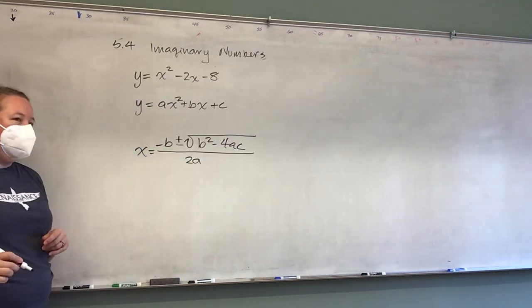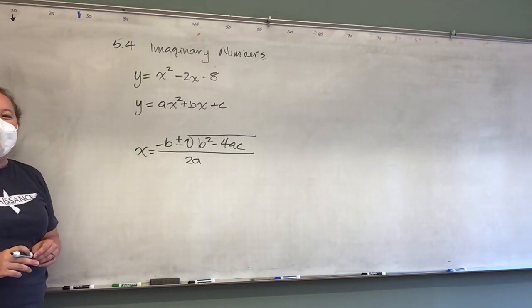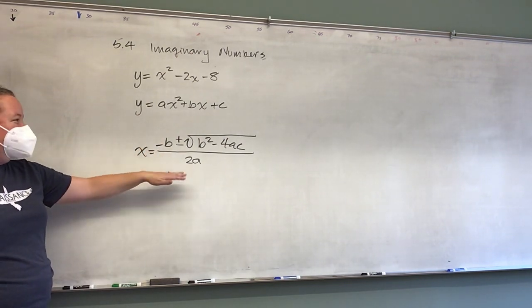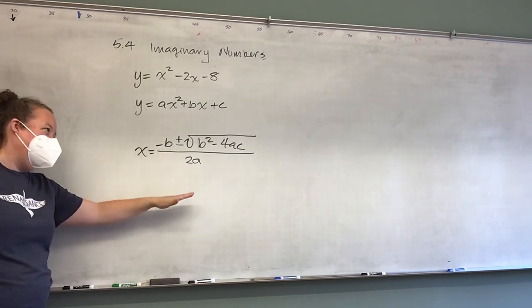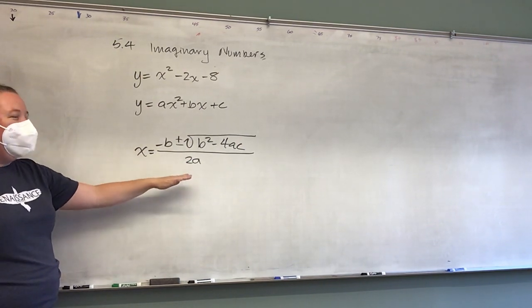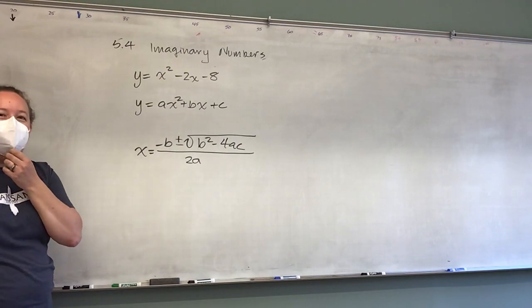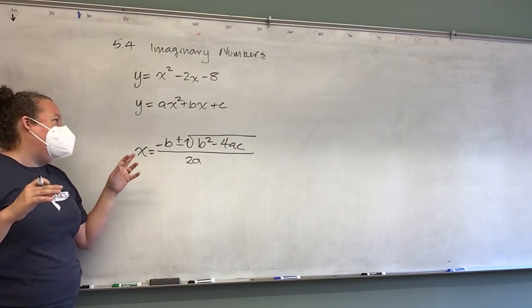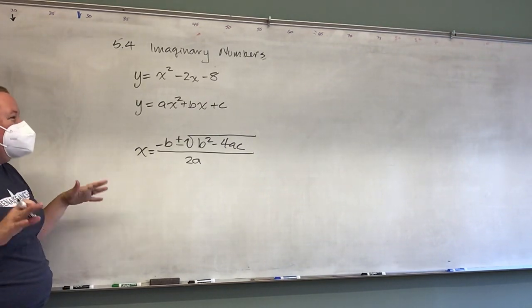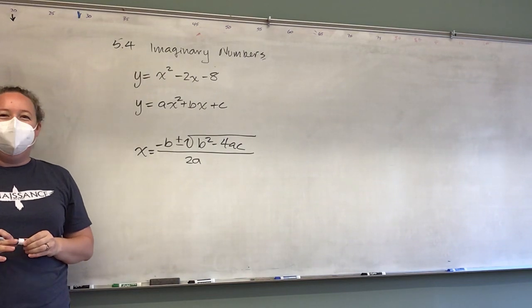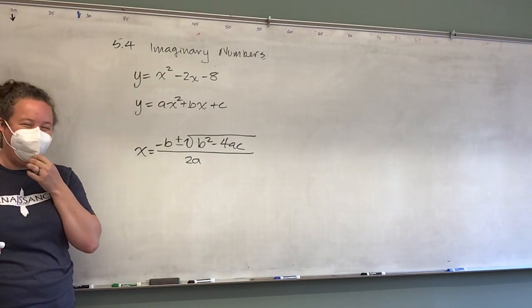I'm trying not to sing it because I'm a math teacher. We also have the same song. Go ahead and sing it. I don't know the song. Negative b plus or minus the square root of b squared minus 4ac over 2a. People love that song. That's at my different school. They sing it all the time. I've heard x is equal to negative b plus or minus the square root of b squared minus 4ac all over 2a. Ours is from a YouTube video. So many different songs.